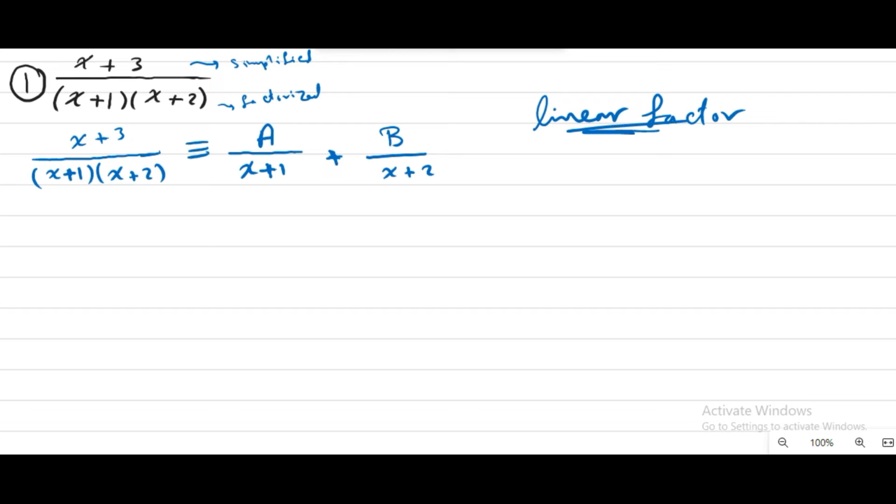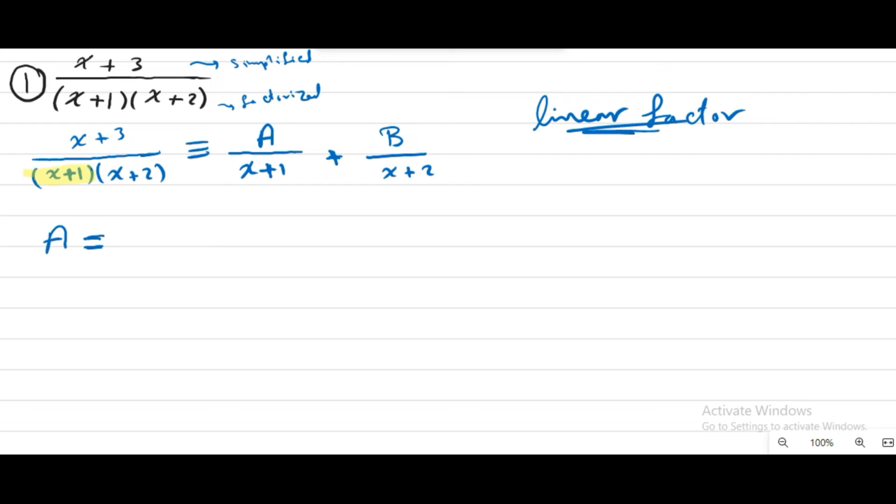So what is the cover-up method? Here, what is the first letter? It's A, so we can say A equals, but before that we check that it's linear. Here cover this factor, which is x + 1, from this expression.